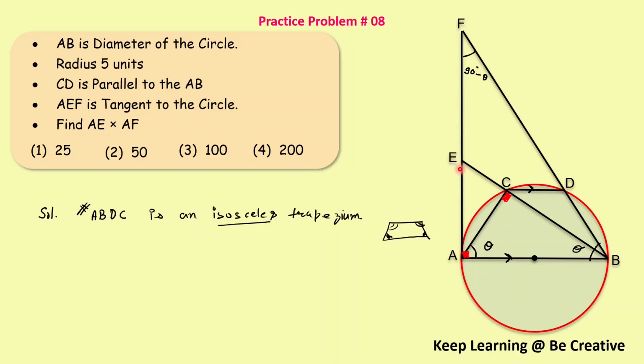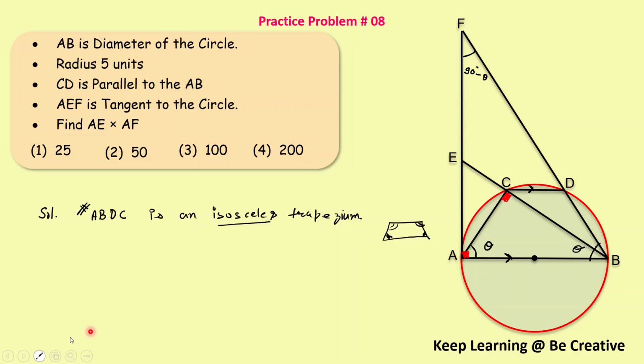But I would like to consider the triangle EAB. Why? Because in that I have AB as the diameter, whose length is known to me. Also, in the initial triangle which I mentioned, that is FAB, I needed AF and I had AB. So now I have two triangles in which one length is required and the other length is given. So let's see.